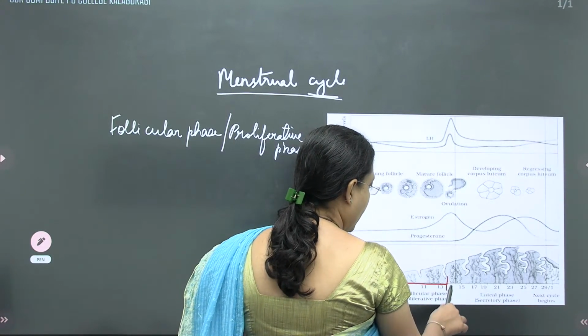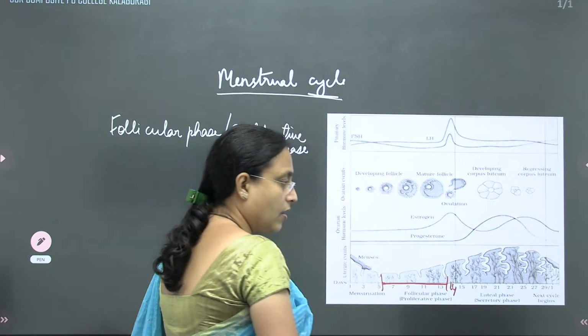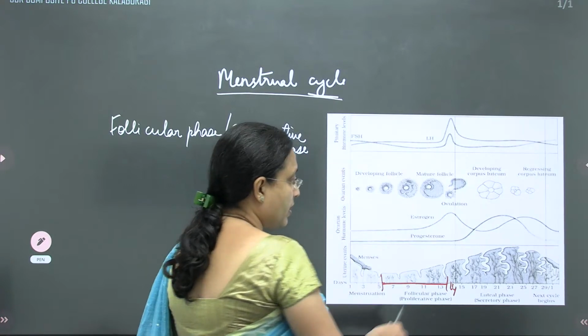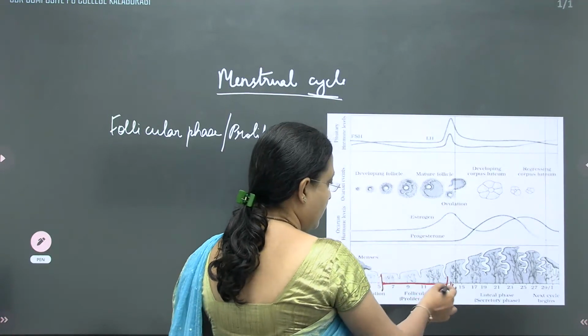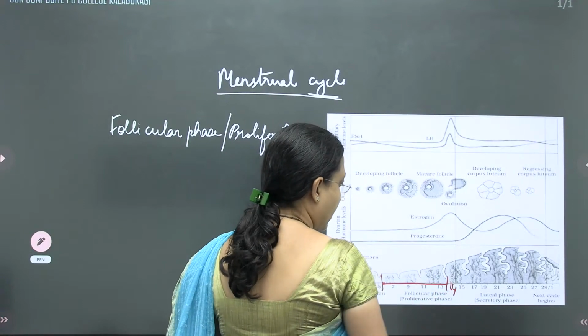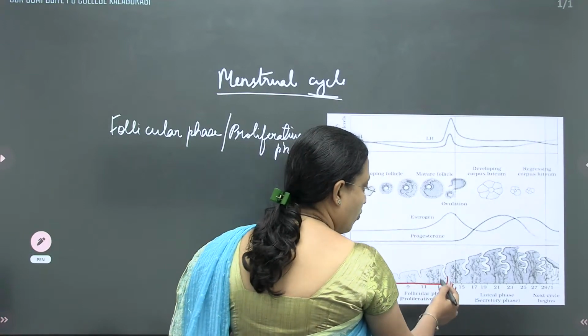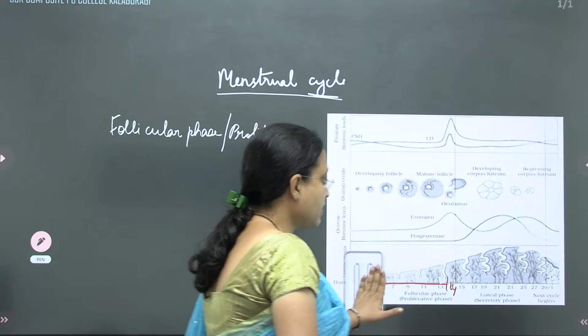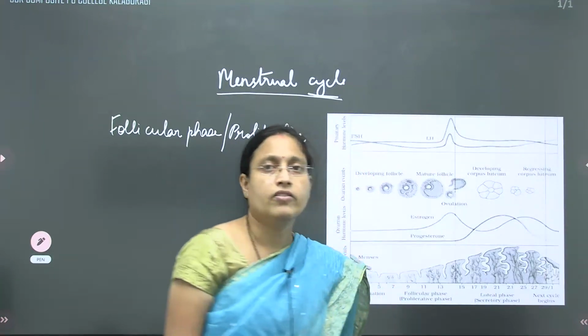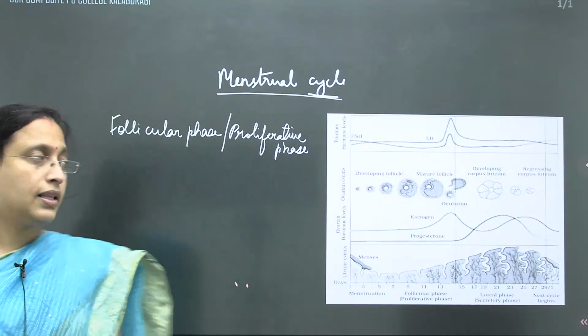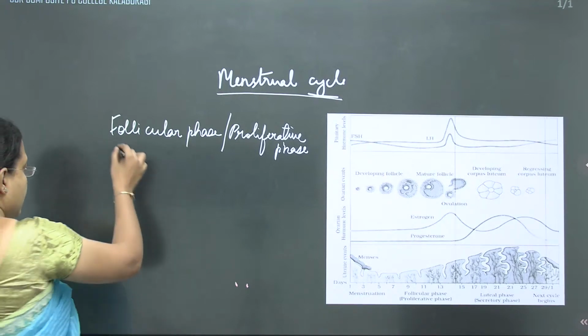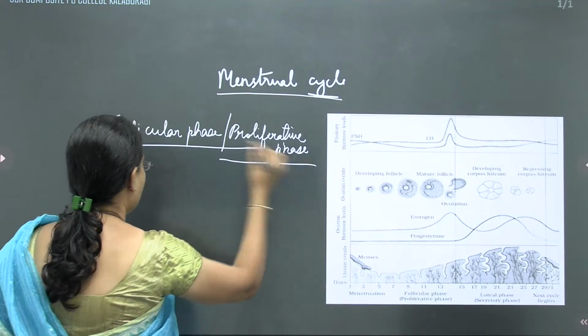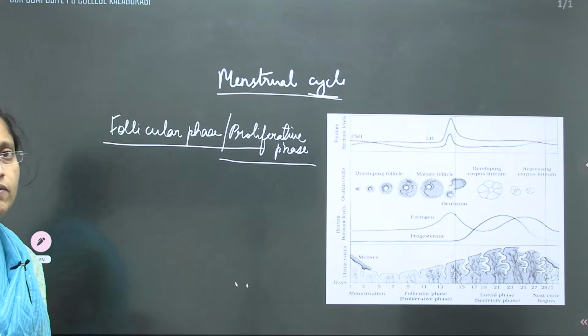14th day. In the mid of the menstrual cycle, ovulation will be there. So for the 14th day, one day before it is the 13th day. So from 6th to 13th day will be the range of days for the follicular phase.